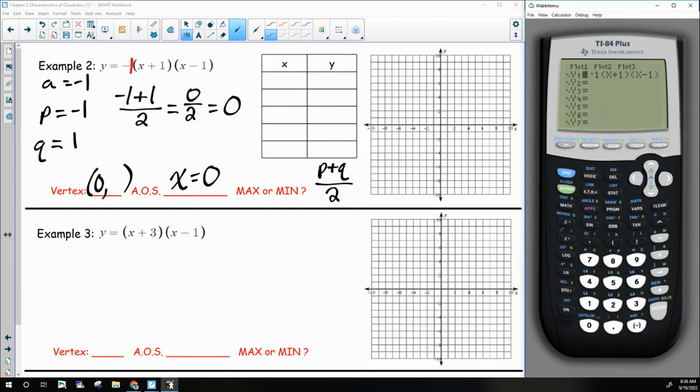It will go 0. Yep, if we go to our table, second graph, we need to go find 0. What number goes with 0? 1. That is our vertex, the point 0, 1. See how the 1 is with the 0?